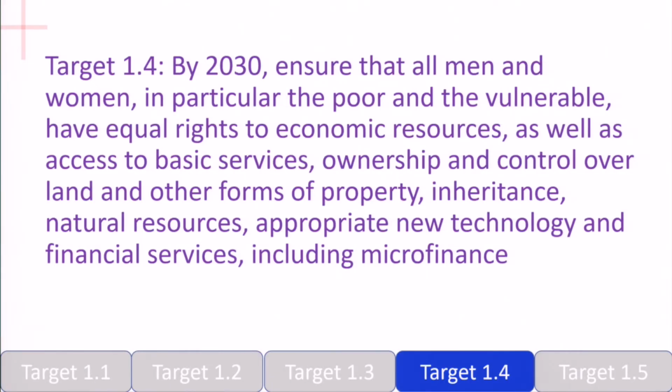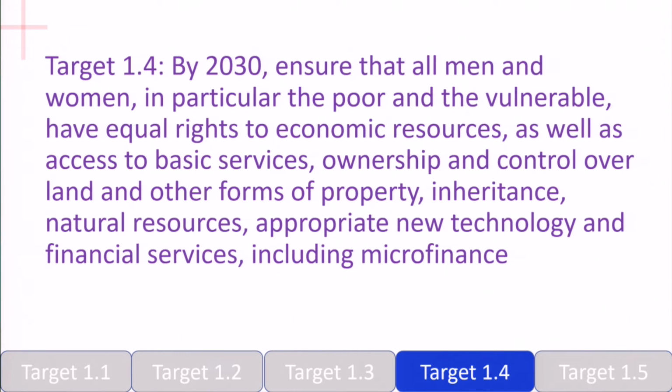Now, coming to target 1.4, the target to achieve goal 1: by 2030 we ensure that all men and women, in particular the poor and the vulnerable, have equal rights to economic resources as well as access to basic services, ownership and control over land and other forms of property, inheritance and natural resources.